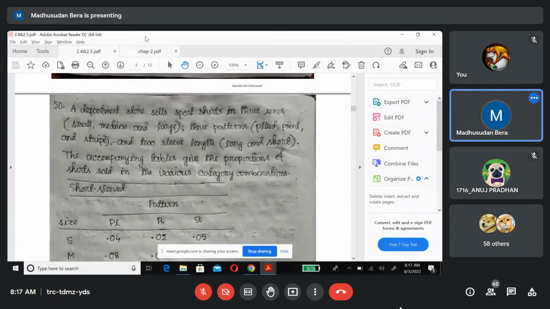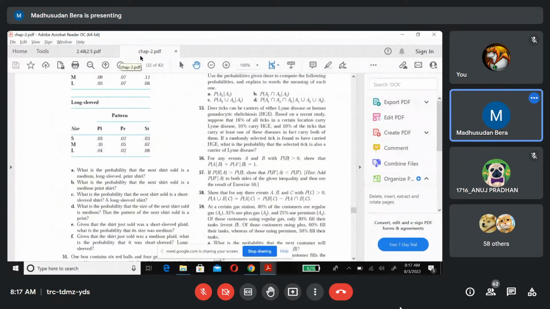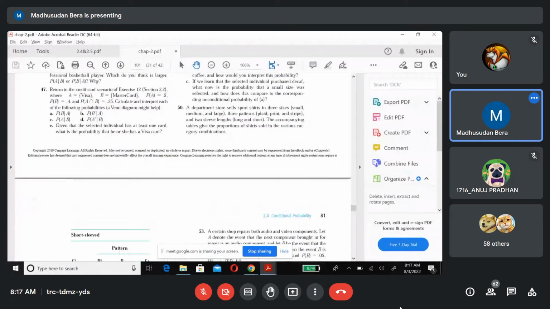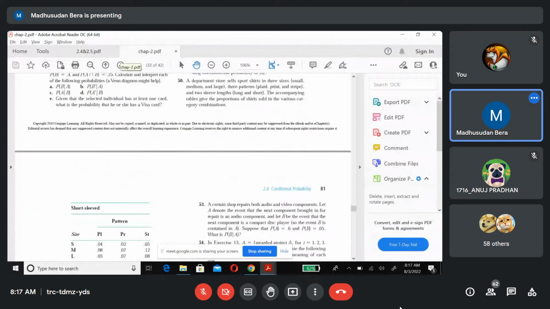Question number 50. A department store sells sports shirts in three sizes: small, medium, and large.